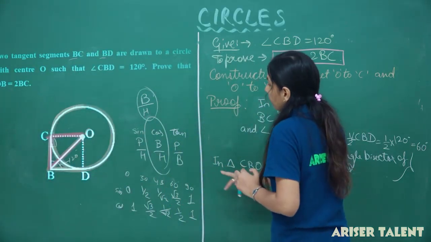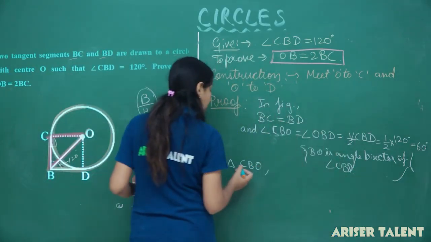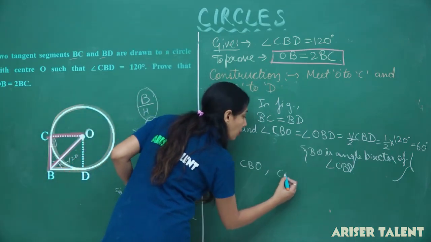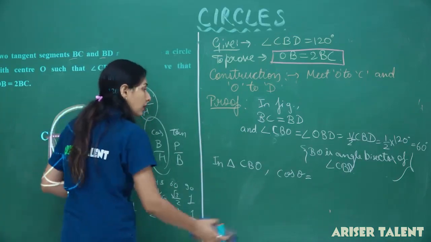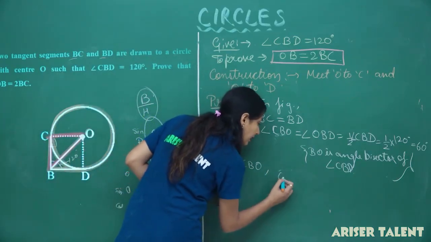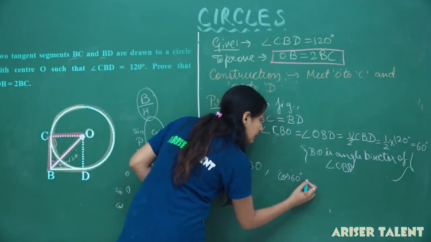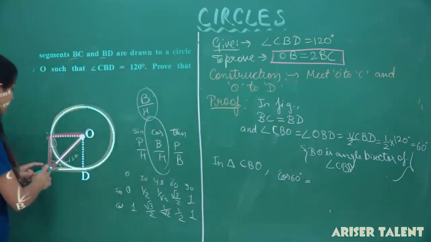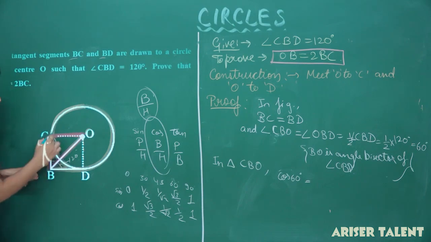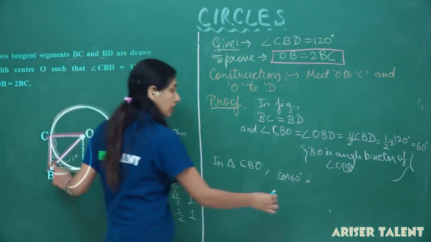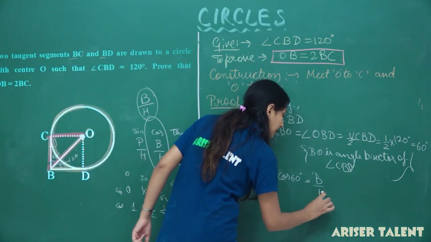Okay. So, by this I can say in triangle CBO, cos theta, where theta is 60 degrees. Cos 60 degrees will be equal to base upon hypotenuse.